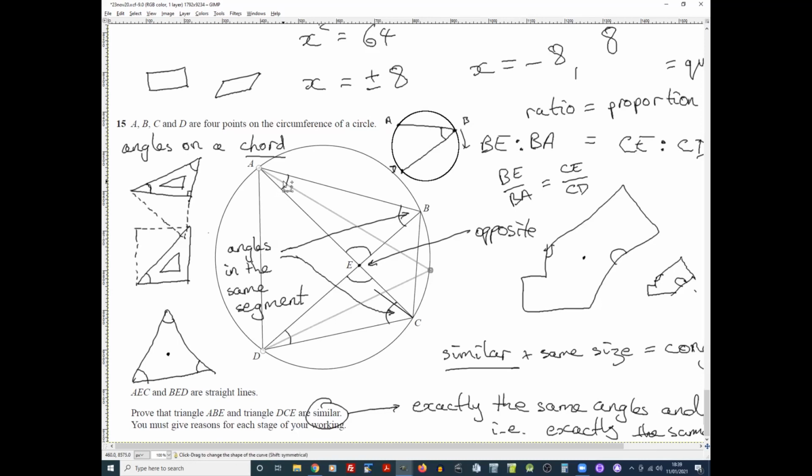See, what's the chord for these angles? AD. Yes. In other words, you take any angle and you look to the other end of each line. There's A at the end of one line and D at the end of the other leg of the angle.